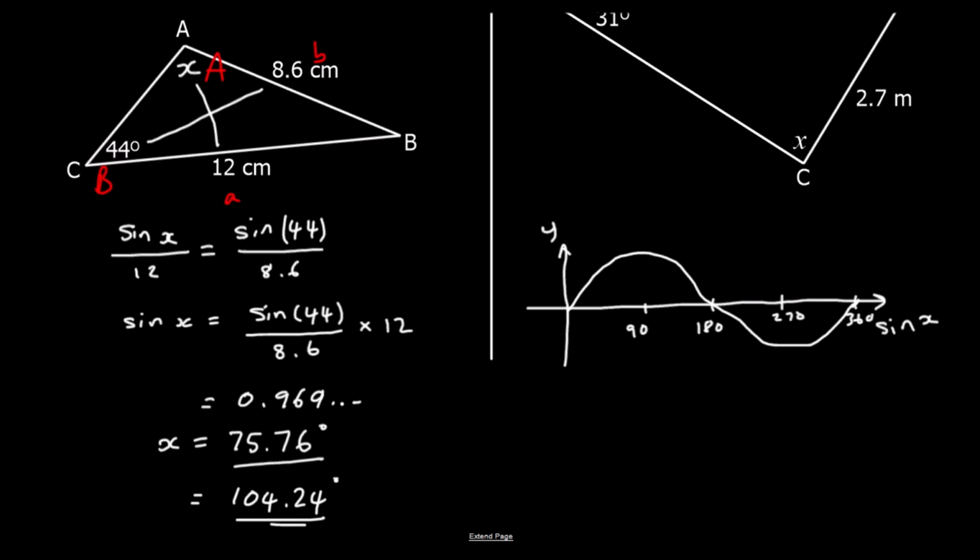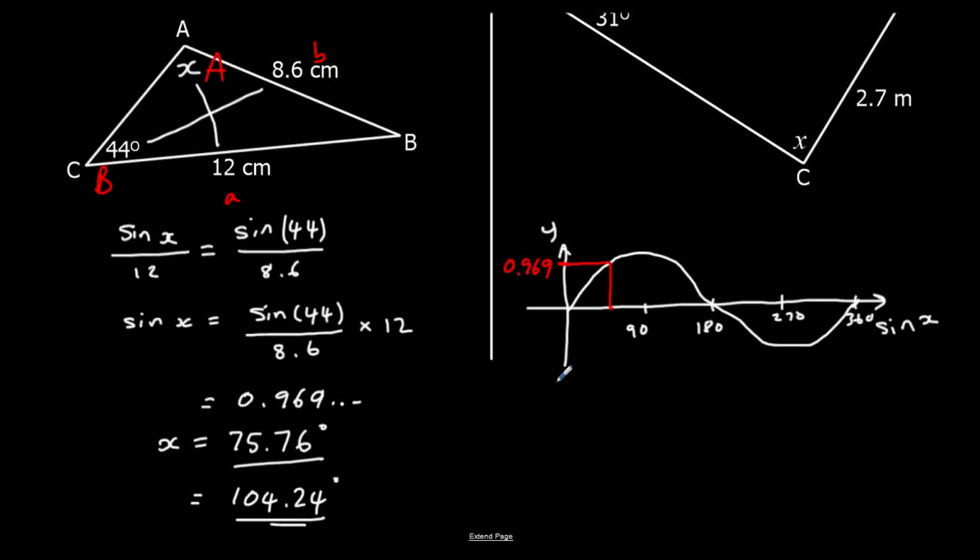And we had 0.969. So we said to the calculator, I've got 0.969. Tell me what angle that is. And it said the first angle. The calculator always gives us the first angle on the graph, which is 75.76.